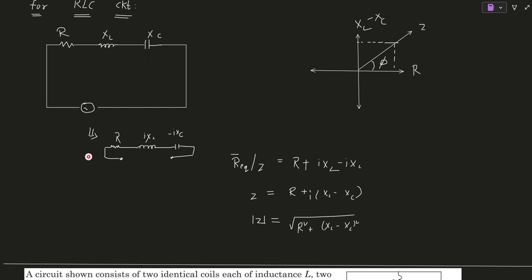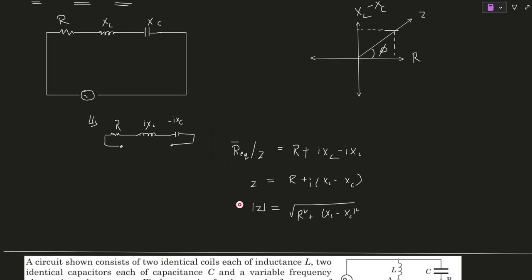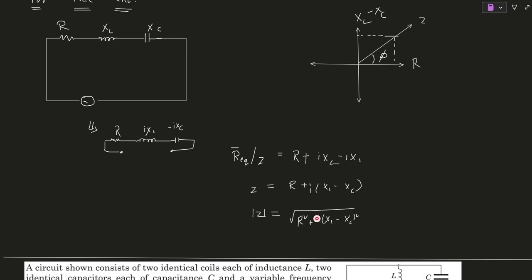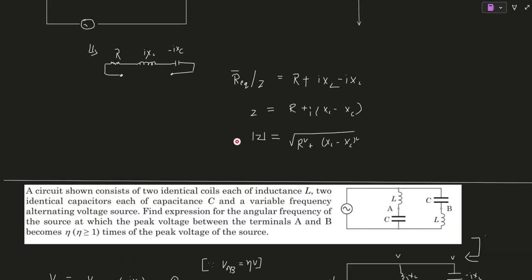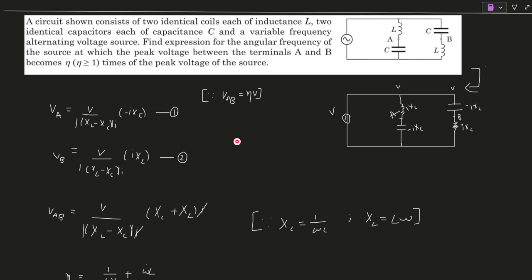So this is converted into DC. Now we add R equivalent: Z equals R plus i times XL minus i times XC. So these are equivalent here. If we take the mod of this, we get impedance equals root of R square plus (XL minus XC) whole square. Okay. So now we do an example problem on this.